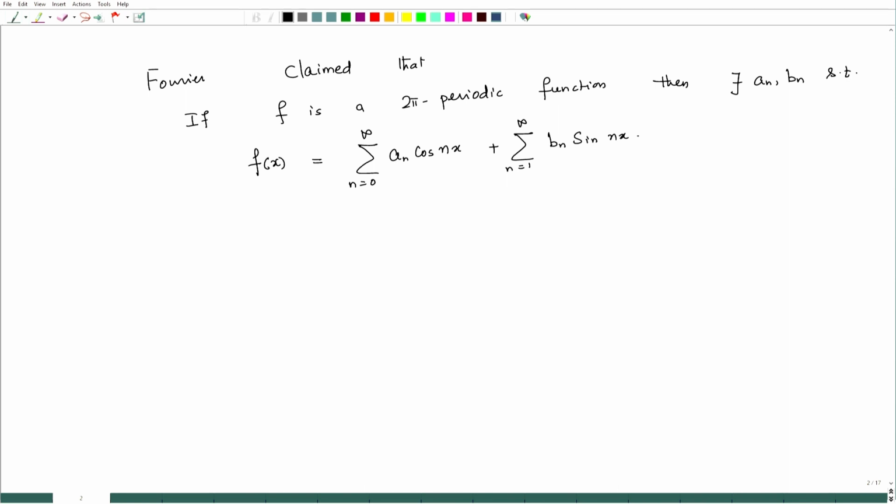So, there are several questions one can ask. First, what are these a_n's and b_n's vis-a-vis the given function f?